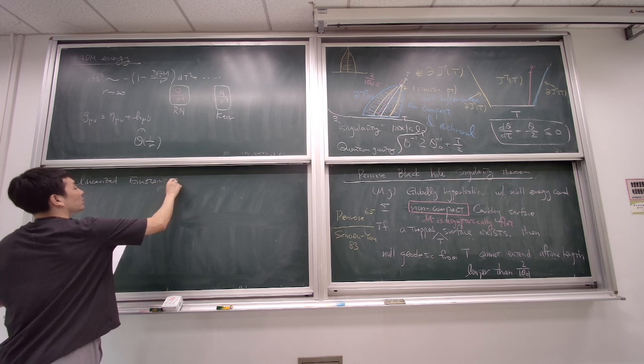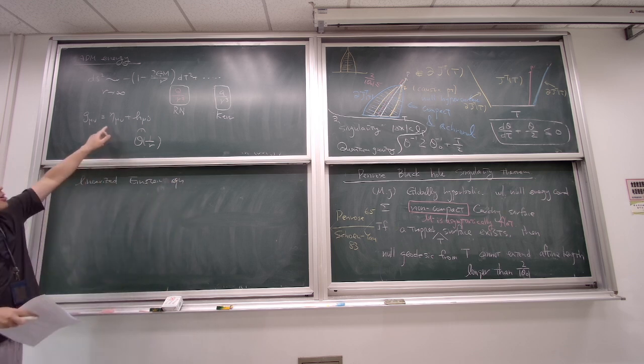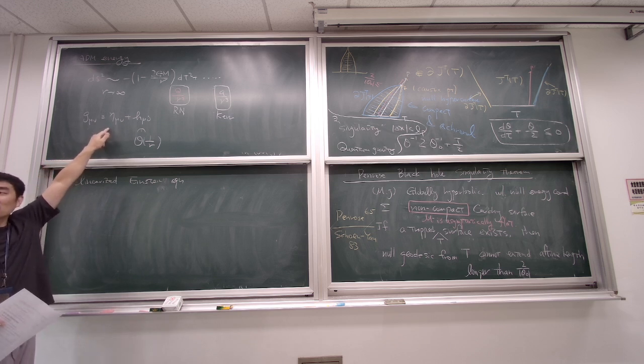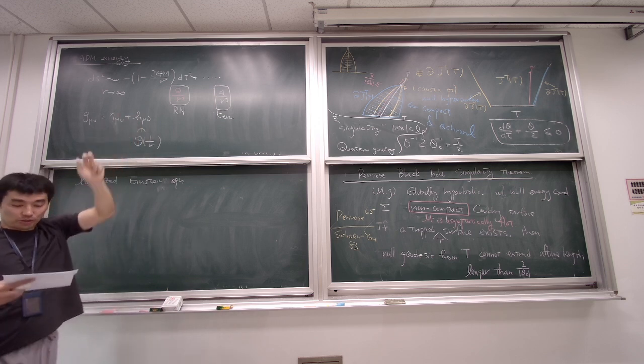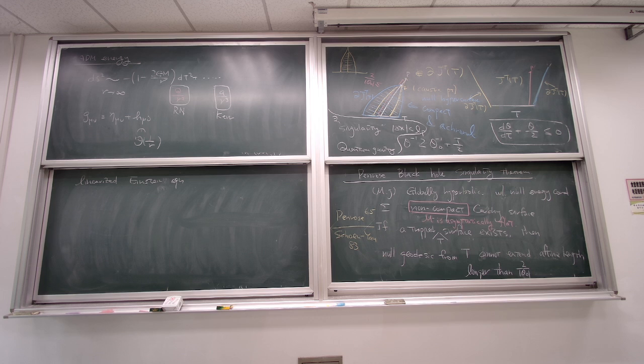Eta mu nu is just a flat metric, so the curvature can be written with this h mu nu.